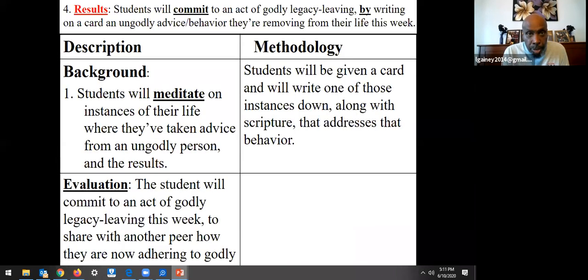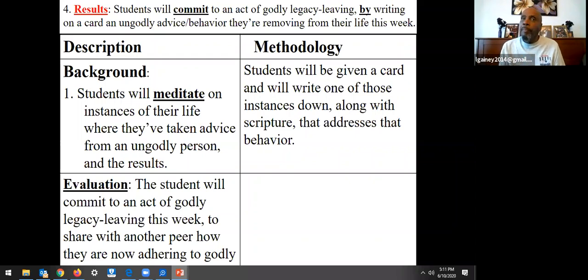All right, so students will commit to an act of godly legacy leaving. How will I know? What is the activity? By writing on a card an ungodly advice behavior they're removing from their life this week.